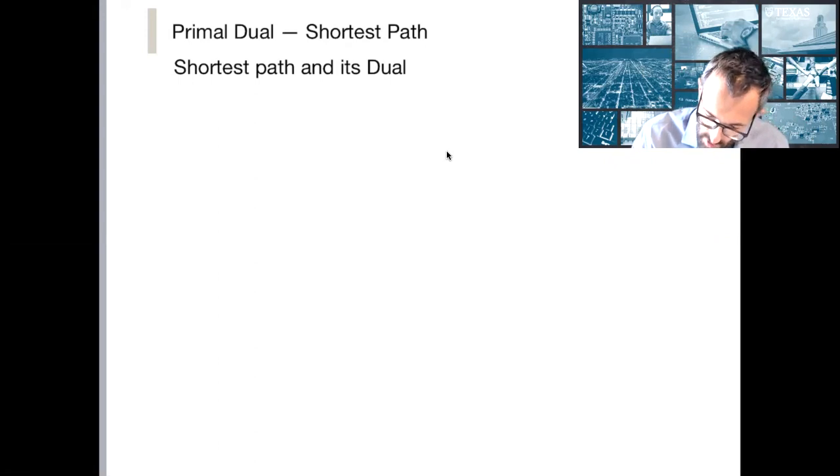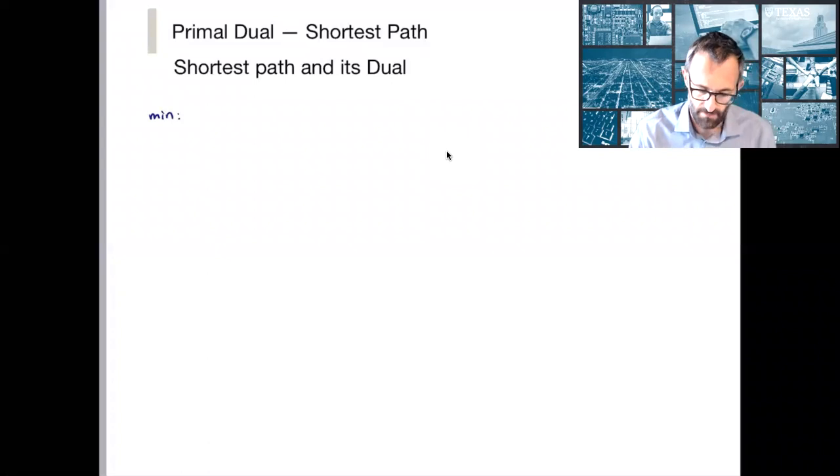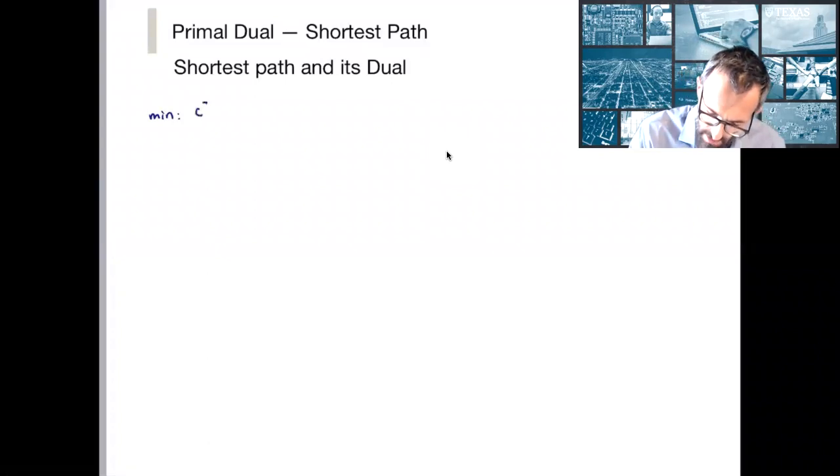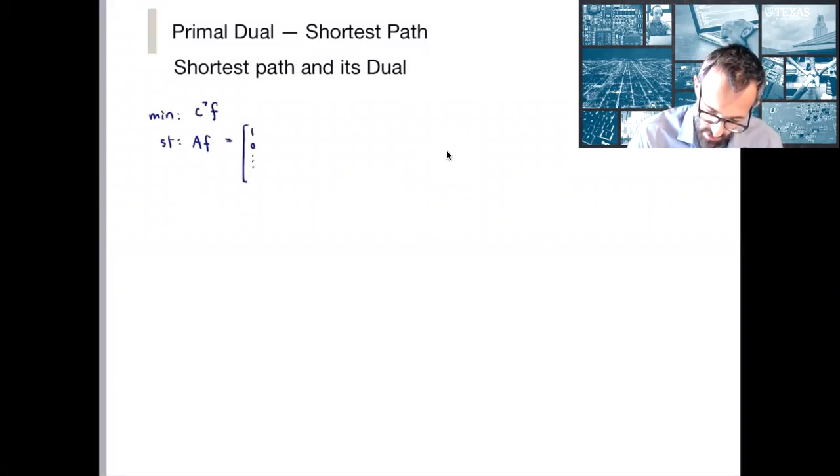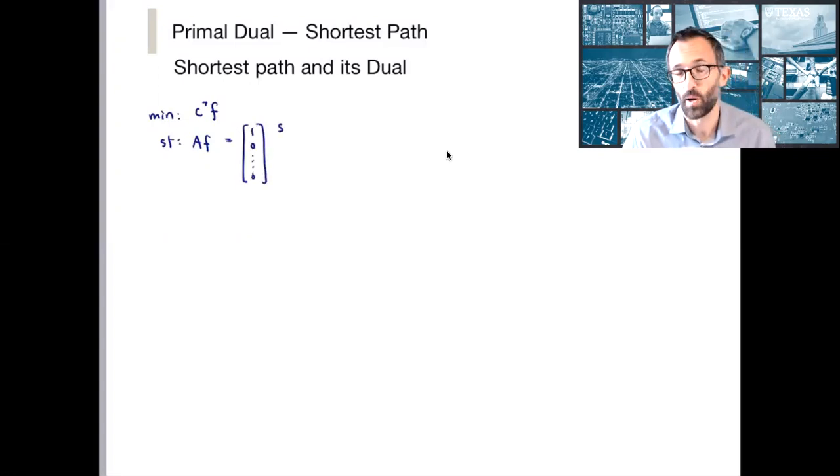So the primal for shortest path, we have a cost vector C, minimize C transpose F, subject to my flow conservation constraints. AF is equal to 1, 0, 0, 0, 0. And note that I have eliminated the row corresponding to node T, my terminal node in my shortest path.